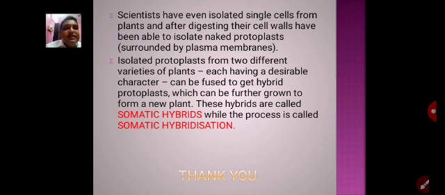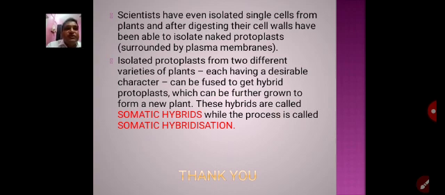What we do in this is take cells of two species, and the cell wall is dissolved, and the protoplasts are fused together to form the somatic hybrid. The protoplasts of two plants are brought in contact and fused by means of chemicals.